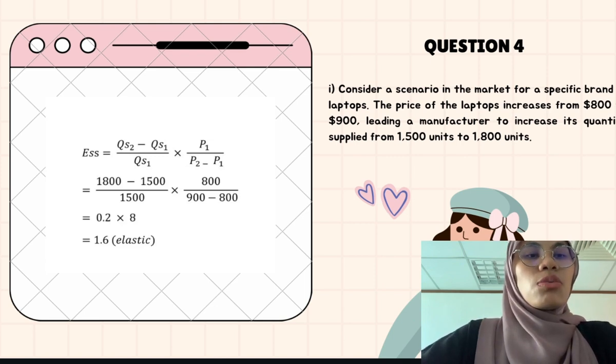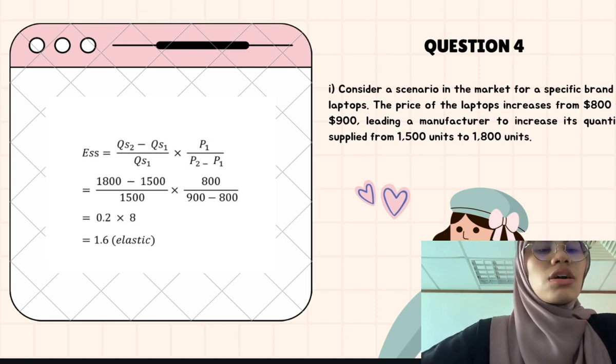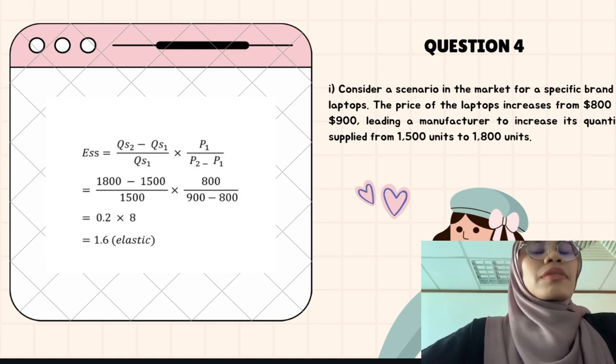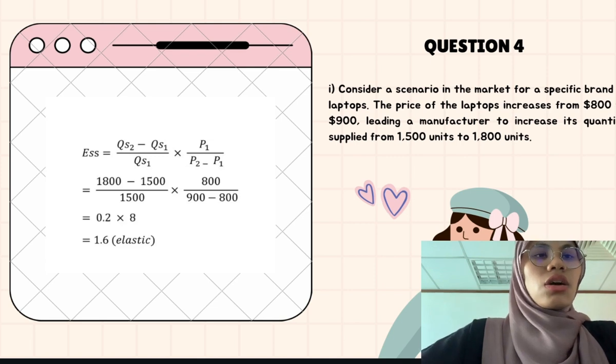The formula for the price elasticity of supply is: elasticity of supply equals the second quantity supplied minus the first quantity supplied, over the first quantity supplied, times the first price, over the second price minus the first price.